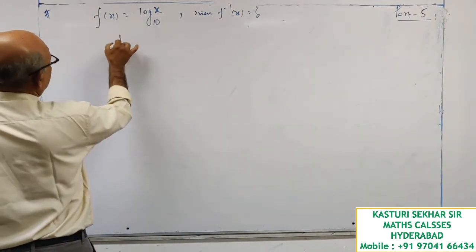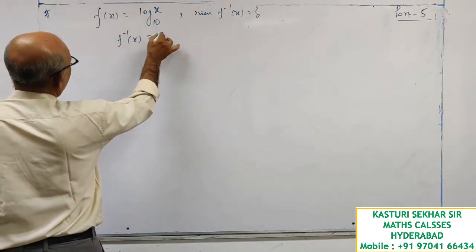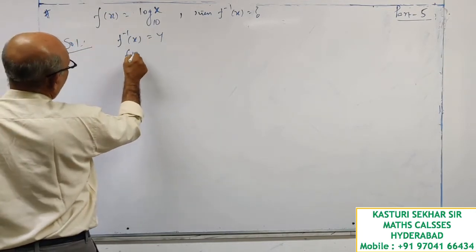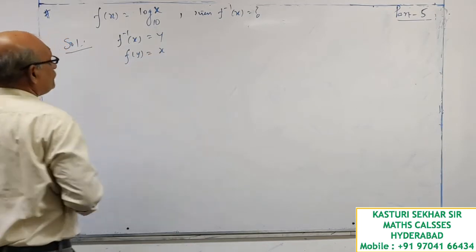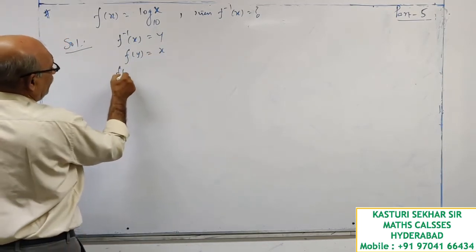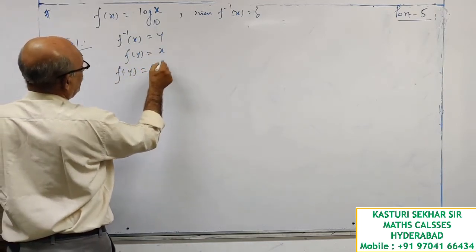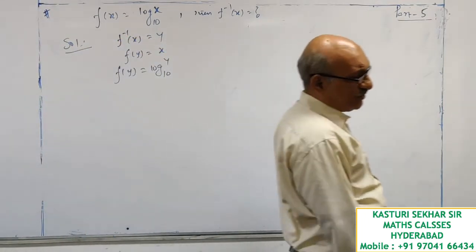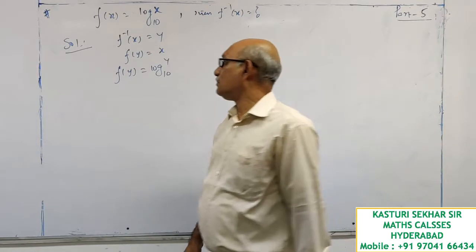Now, f inverse x is equal to y. So f of y is equal to x. F of y is equal to log y to the base 10. You have to replace the variable x with y.